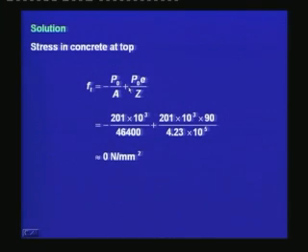The second term is positive for the top because the moment due to the prestressing force causes tensile stress at the top. When we substitute the values of P0, E, A and Z, we get that the stress at the top is practically 0, and we are not having any tensile stress at the top.